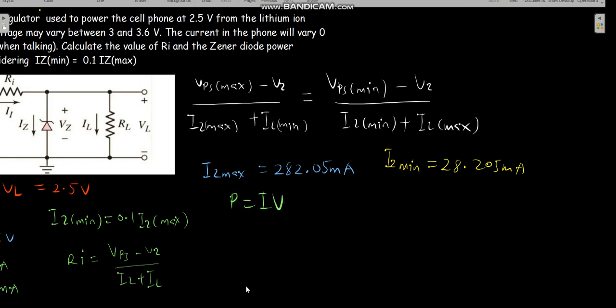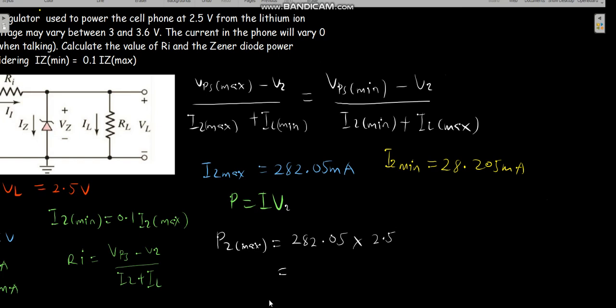For the maximum power dissipation, you use the maximum current. So Pz max will be Iz max, which is 282.05, times Vz, which is 2.5.